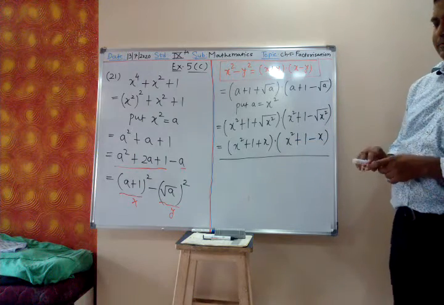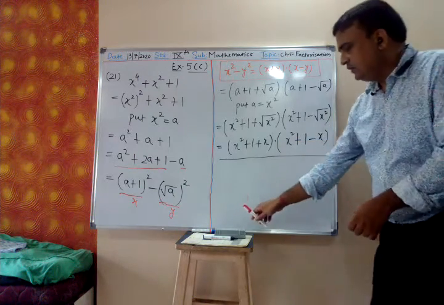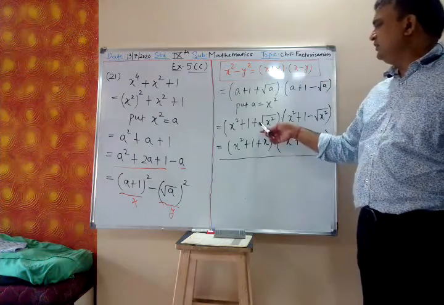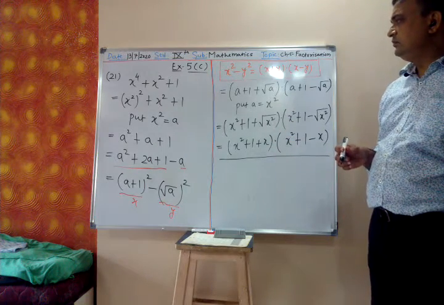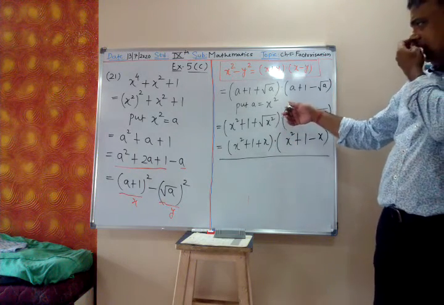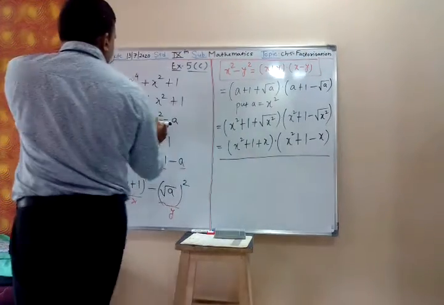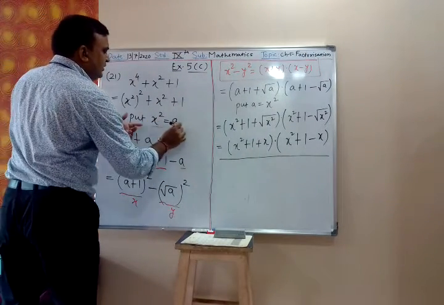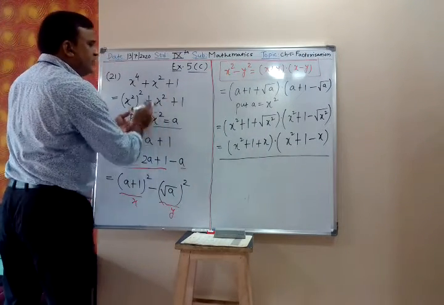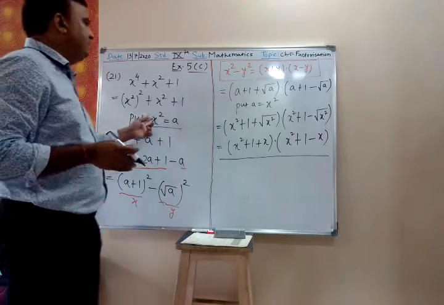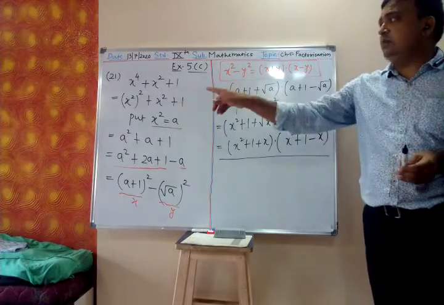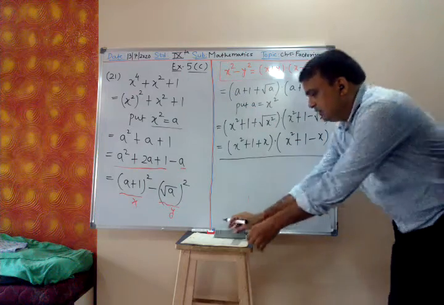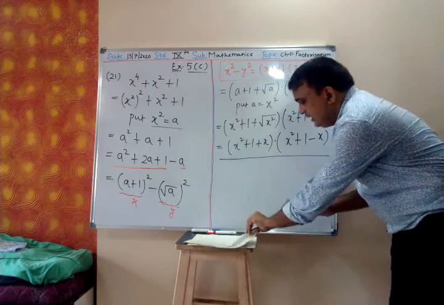This is the answer. Already we have taken x square as a, so at the end I will substitute this value. I will replace a by x square because my original variable is x square. You cannot add x square and x.